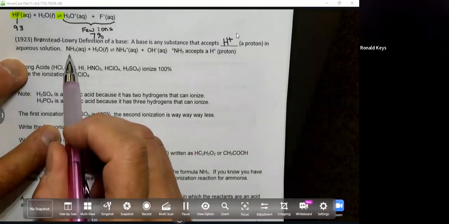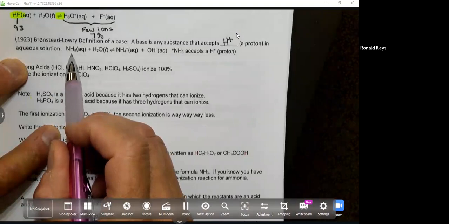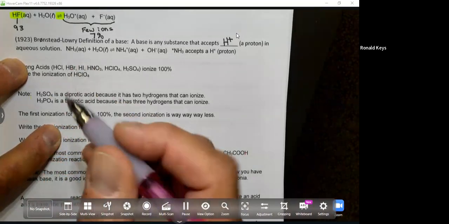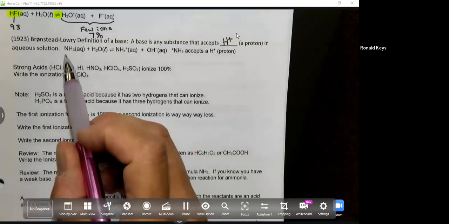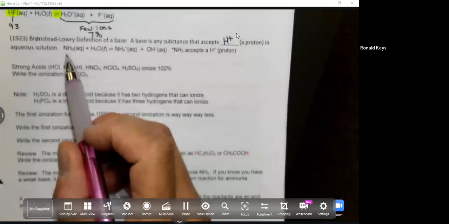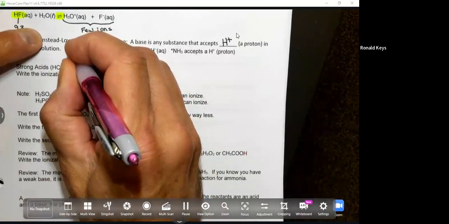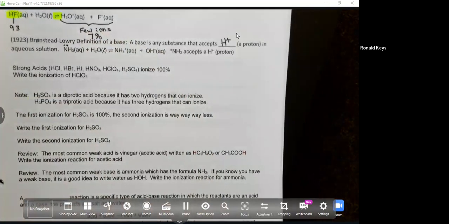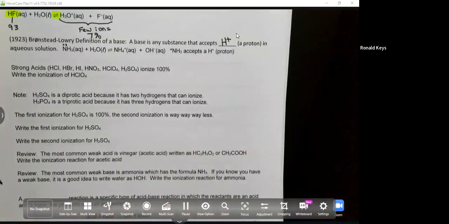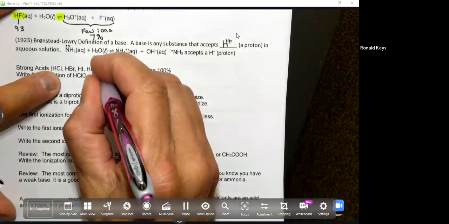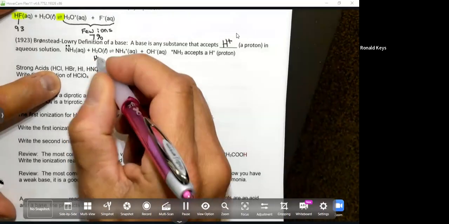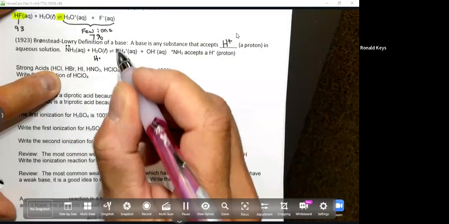Here is the most common base. This is ammonia. When you see a nitrogen in OWL, this is what happens. Typically, the nitrogen has a pair of electrons that is not bonded. Then we're going to write water as HOH, and I'm going to put the electrons in here.